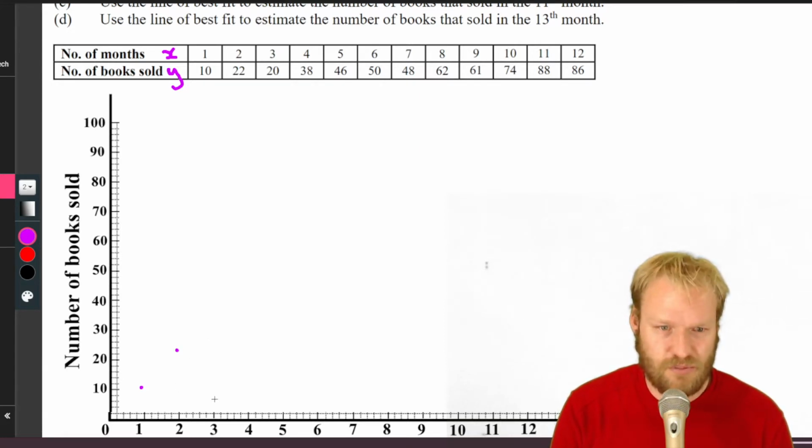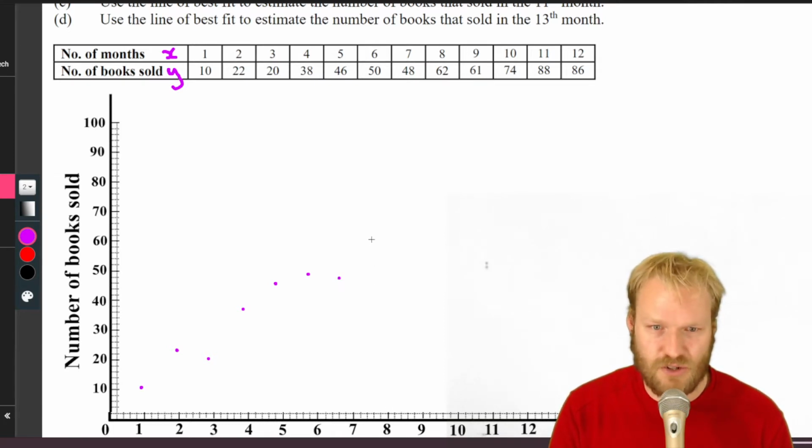Notice I'm not getting it perfectly accurate, but it's close enough. 4, 38, about there. 5 is 46, so about there. 6 is 50, so where's that? Must be about there, give or take. 7, 48, a little bit below.